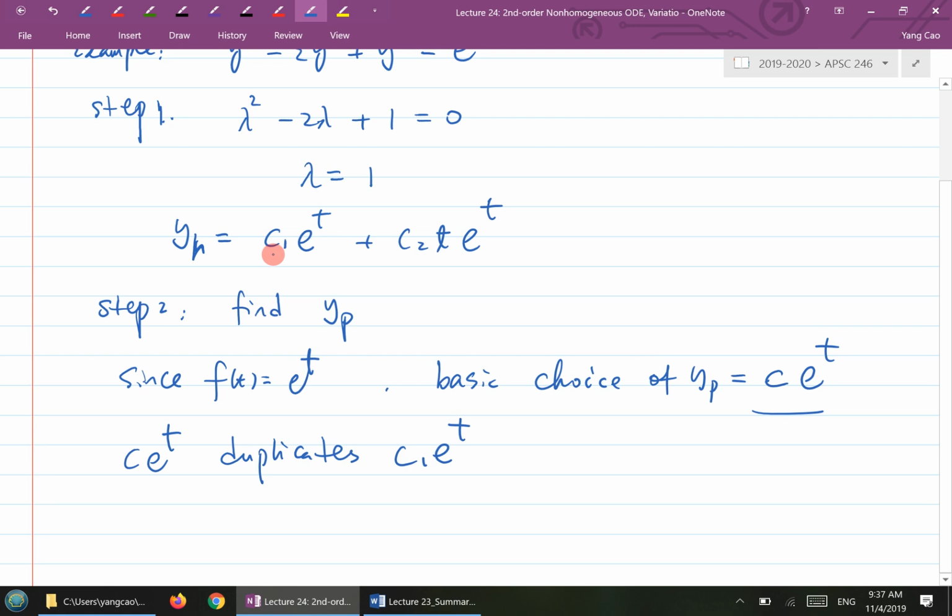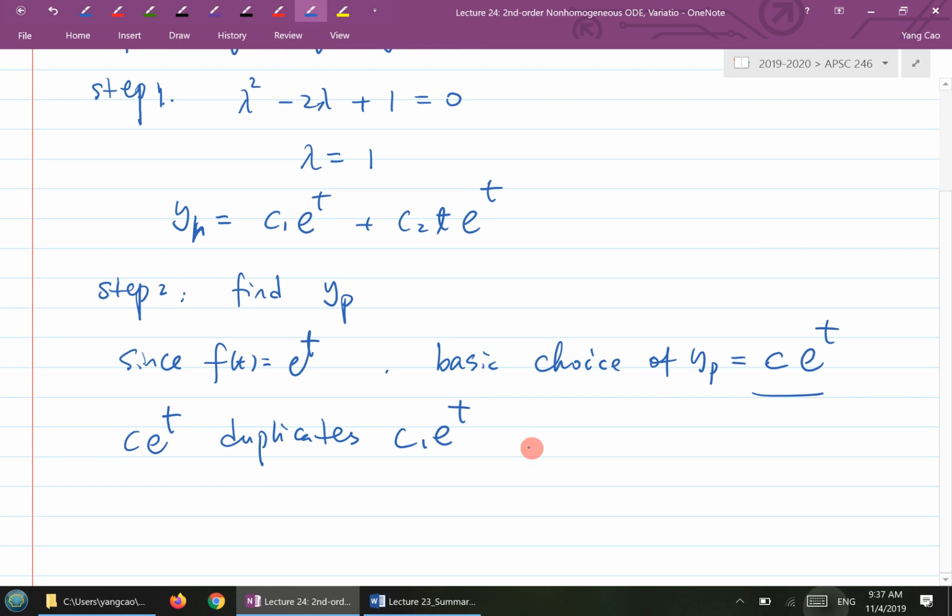It's part of this YH. So then what do we do? Then we need to multiply YP by t, to make it different from this C1 e to the power of t. That's the modification rule.